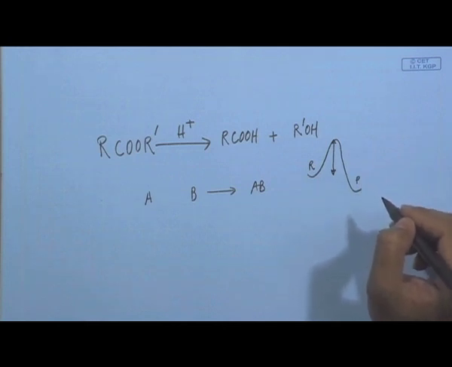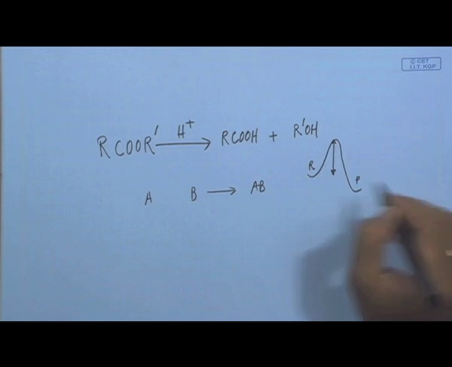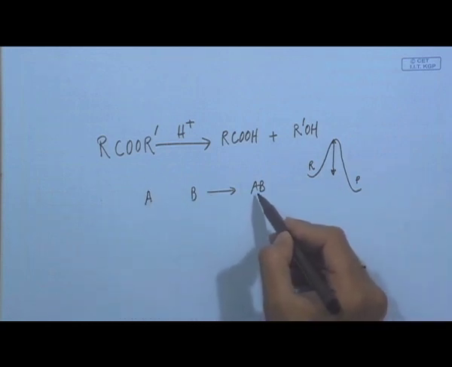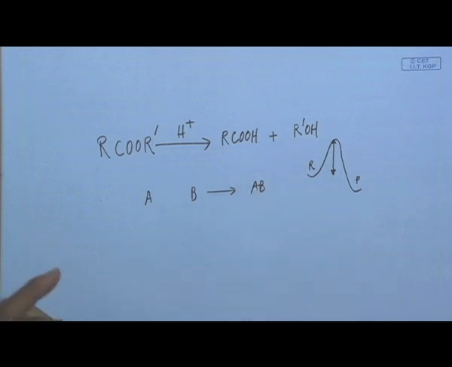If the activation barrier is not there, then these two will immediately combine to produce AB. That is, if you bring A and B close to each other, then with one collision, if we consider collision theory, in a single collision it will make a bond.